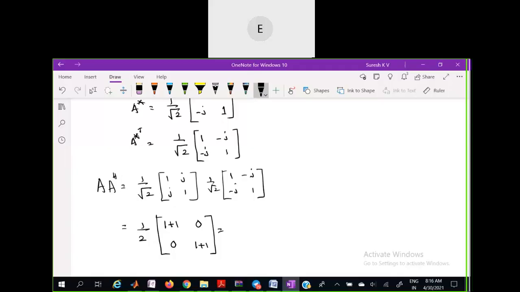So this is [2 0; 0 2] divided by 2, so I get [1 0; 0 1]. Is this clear? Which is an identity matrix.